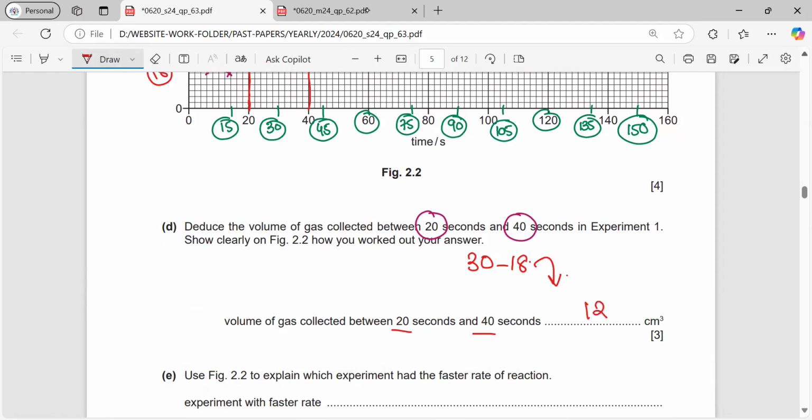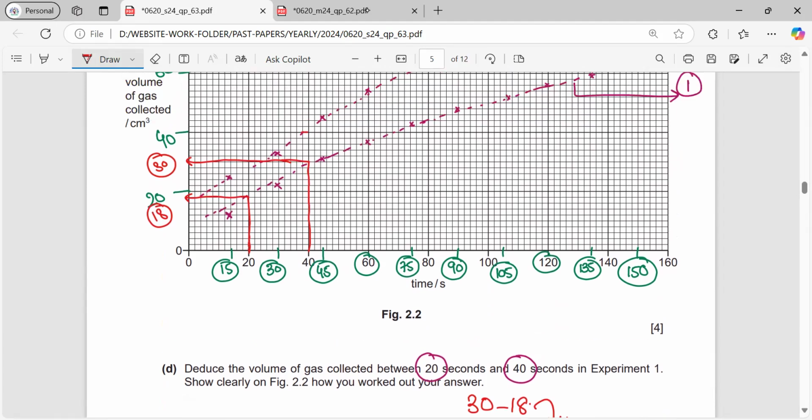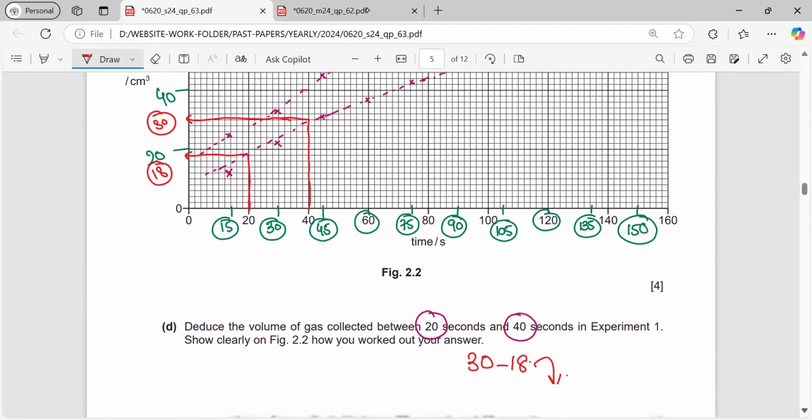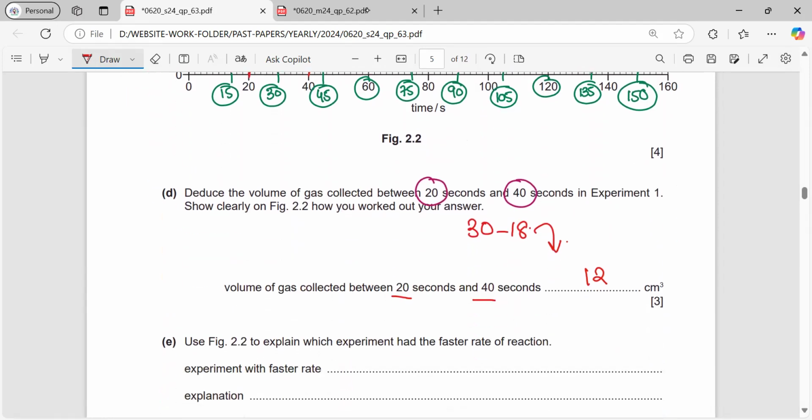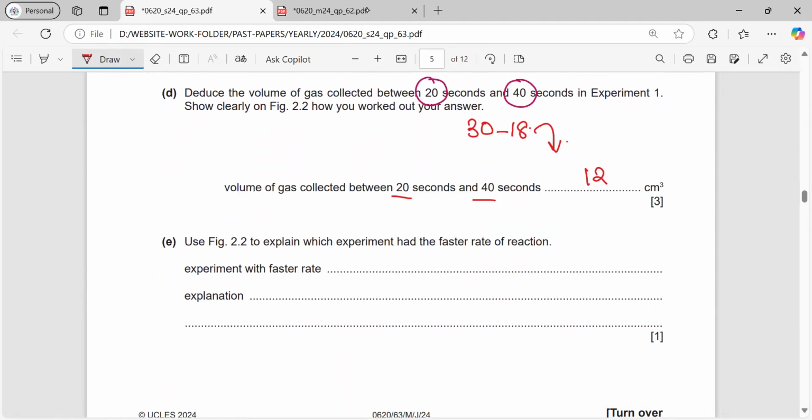So you have to work it out very clearly. First, work it out on the graph and write the answers, like this 18 and 30. After that, write on the paper that you are doing 30 minus 18 to get the answer. And the answer is 12.